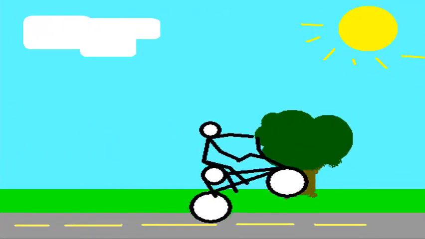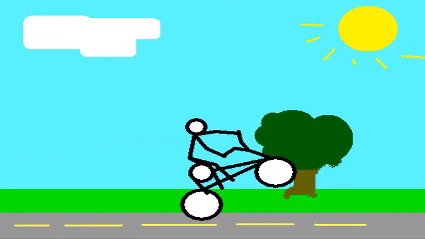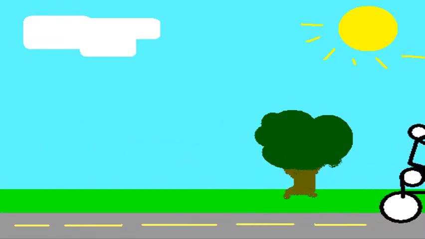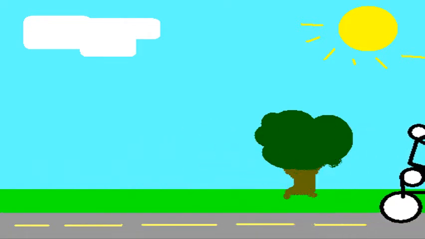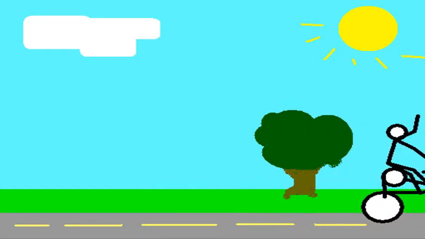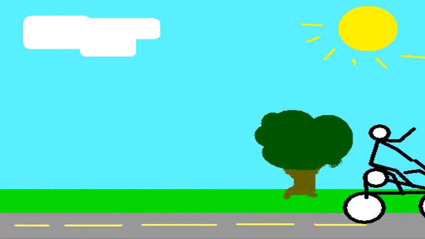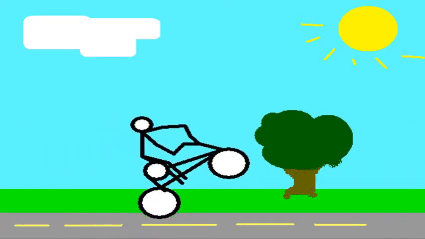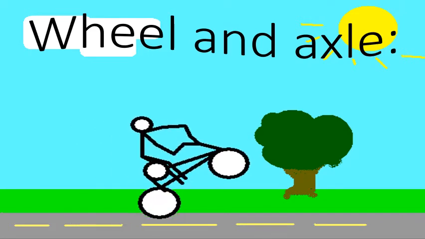Now guys, here comes the next one, simple machine. What do you see in this picture? You can see the bicycle. Bicycle itself is not a simple machine, but it has a structure which can be categorized as a simple machine, that is going to be wheel.